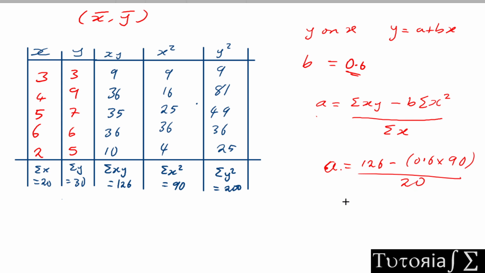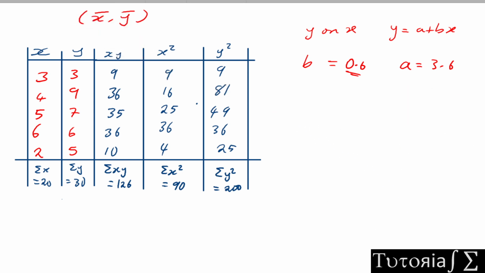Simplifying everything, we see that our a is 3.6. So a is equal to 3.6.